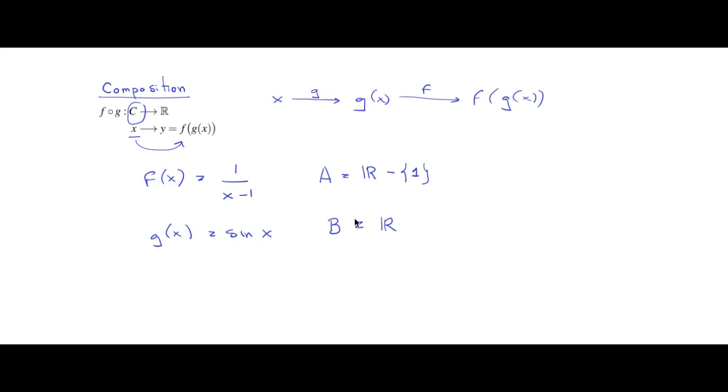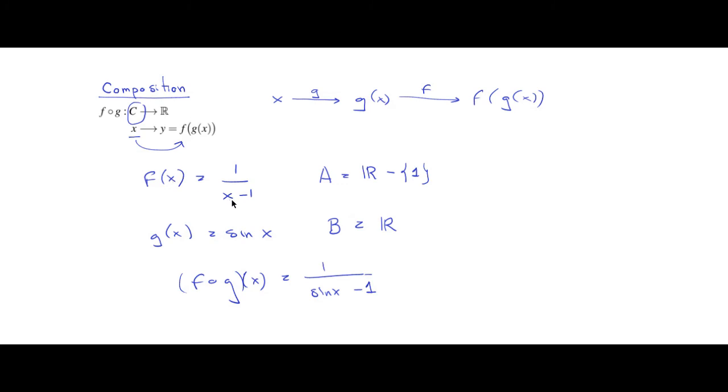So it's simple. Now if we compose f with g of x, what we get is 1 over sine of x minus 1. So you have to do f of g of x: f, and instead of x you write g of x.